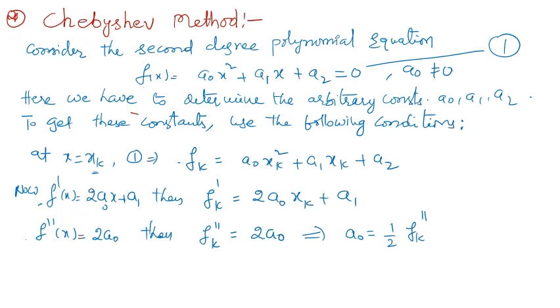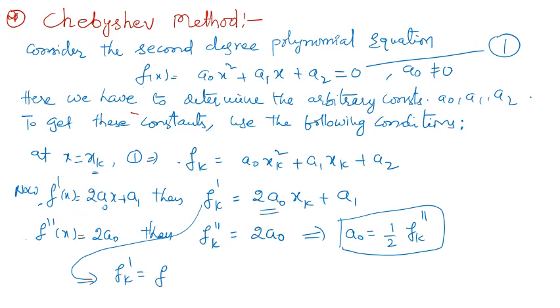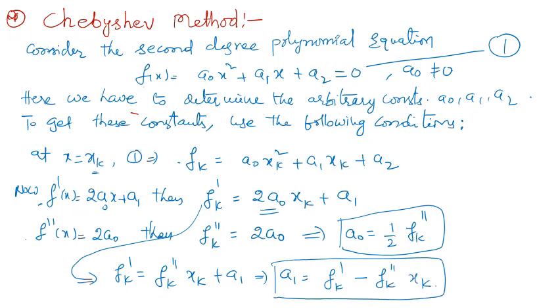Then fk dash equals 2a0 xk plus a1, that is fk double dash into xk plus a1. From this, a1 equals fk dash minus fk double dash into xk.